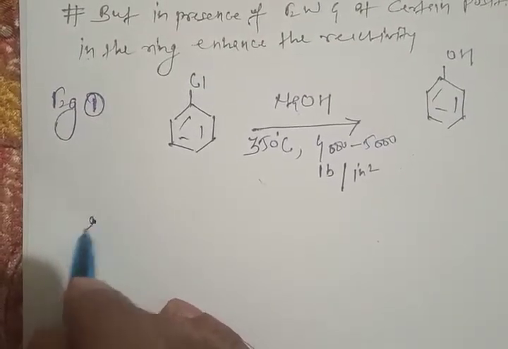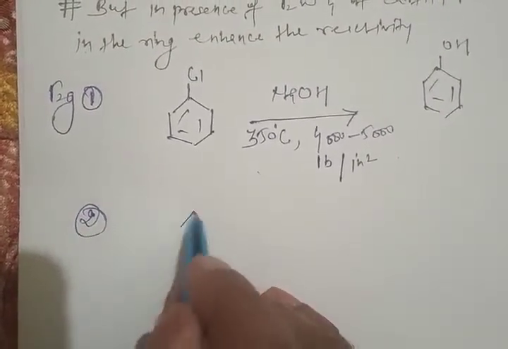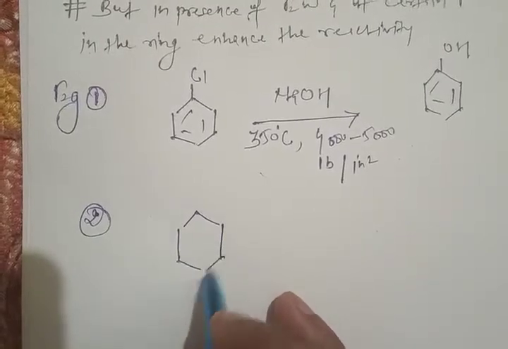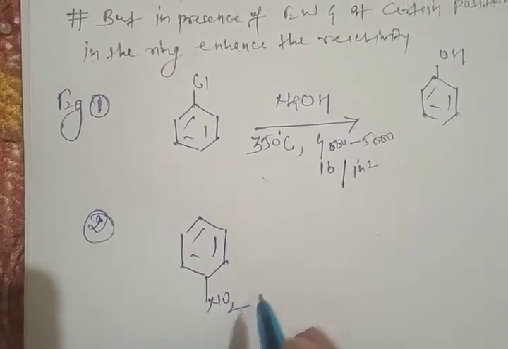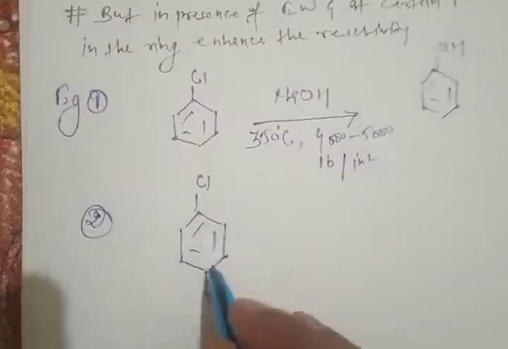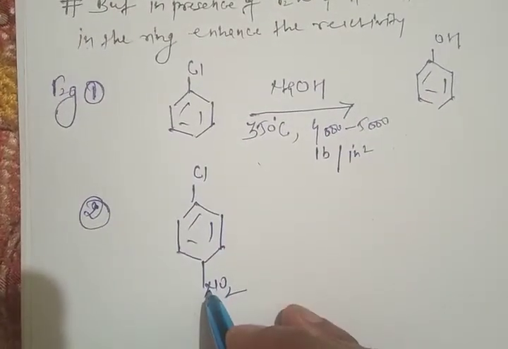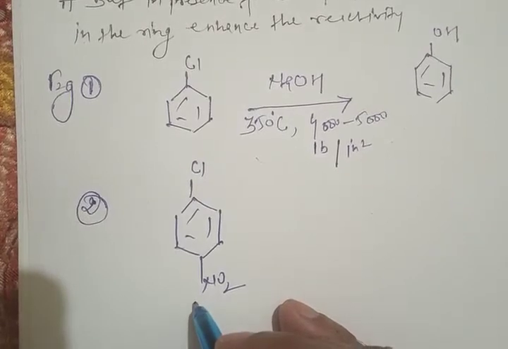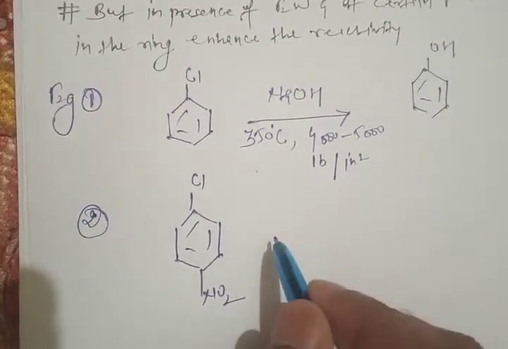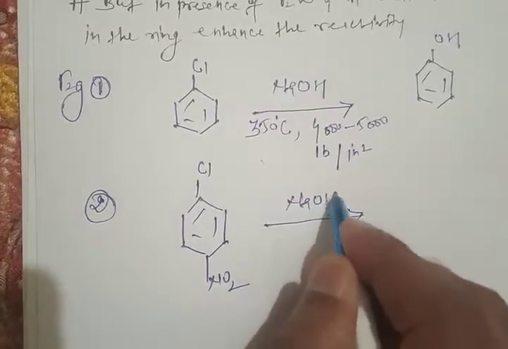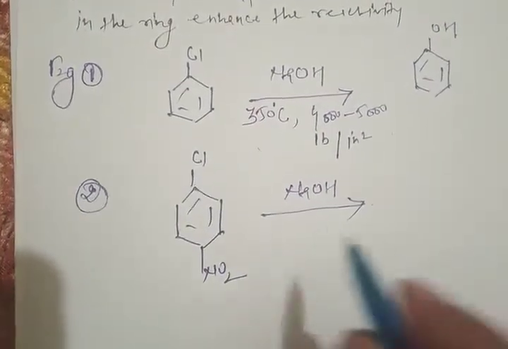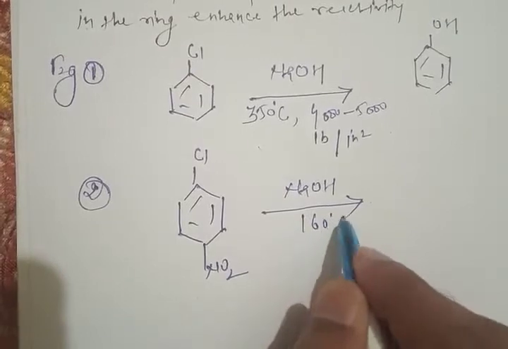So let's go for the second example. In the second case, we have an electron withdrawing group NO2 on chlorobenzene, so this is para nitrochlorobenzene, and in that case the nucleophilic substitution will occur at only 160 degrees Celsius temperature.